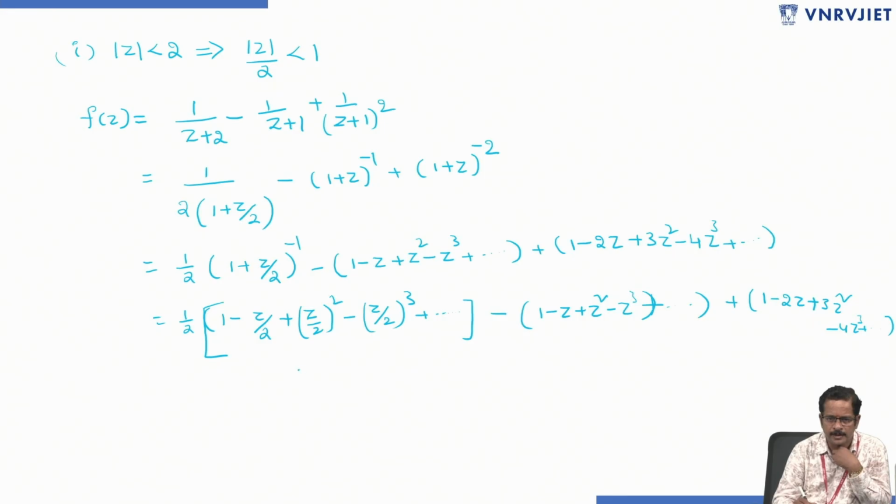So here mod z by 2 is less than 1, here mod z less than 1, here mod z less than 1.